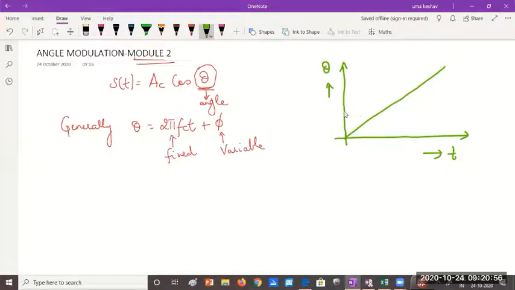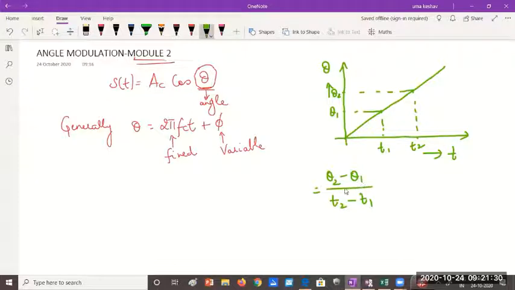In the sense, if I consider two changes in theta from theta 1 to theta 2 corresponding to time 1 and time 2, then the total change in theta from theta 1 to theta 2 divided by the total change in time from t1 to t2, what do we call this ratio? Anybody?